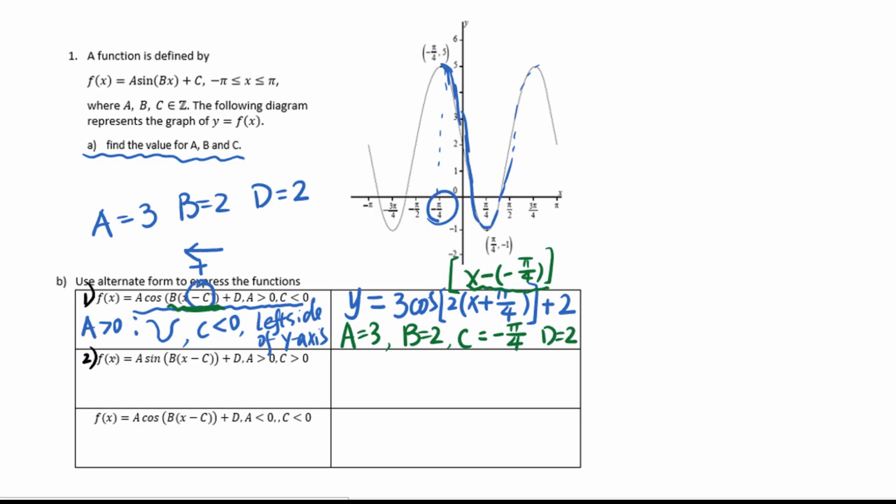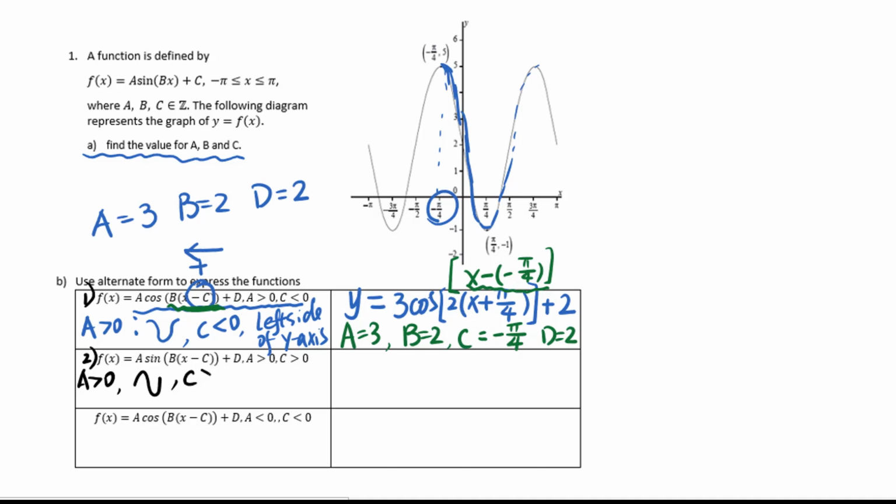Let's go to the second one. F of x equals a sine of bx minus c, plus d. A is positive, which means the pattern will be positive sine x, like this.